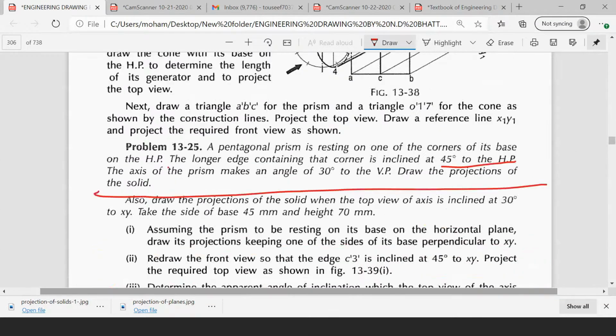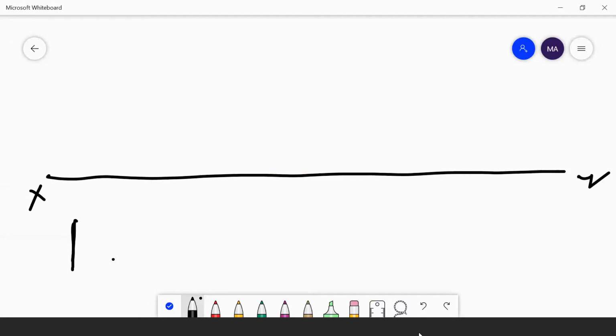Here you have been given the base side as 45 mm and the axis height as 70 mm.